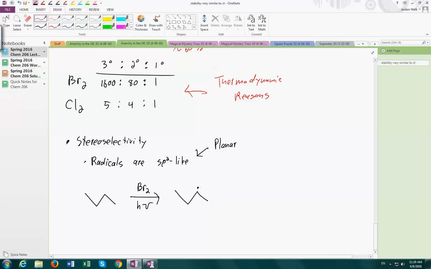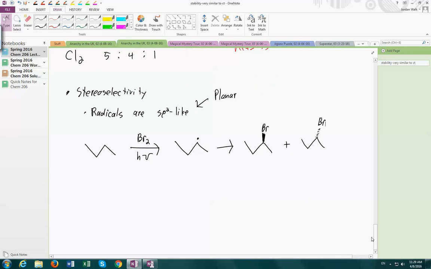What we have to do is consider that this radical is going to be very planar, just like a carbocation. So what that means is that bromine, again, can attack from the front face or it can attack from the back face. And so ultimately what we're going to see in this case is two different products, where the bromine is on a wedge and the product where the bromine is on a dash.